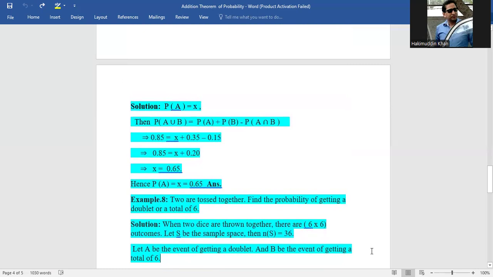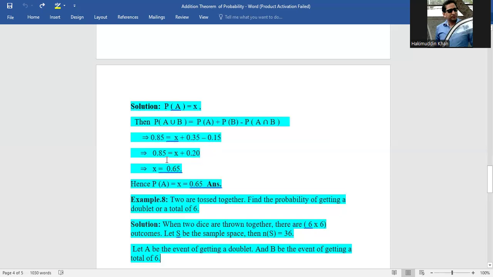Then P of A union B becomes P of A plus P of B minus P of A intersection B. We are using the addition theorem here. So the value of P of A union B, 0.85, is equal to P of A, which we assume is X, plus P of B, 0.35, minus P of A intersection B, 0.15. Now simplify this.